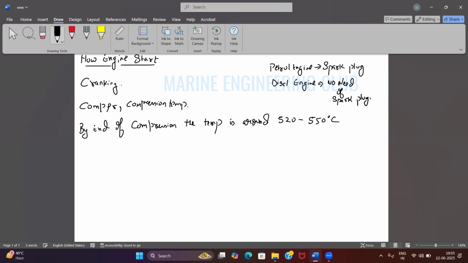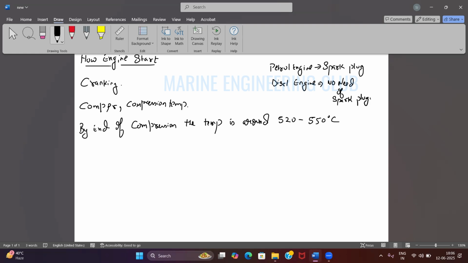What we have discussed till now is how your engine is getting started. First of all, you have to give initial inertia to your pistons. For that, you have starting air motors, like in your generators and diesel engines. In your main engine, you are starting it with starting air, admitting it directly. Similarly, in your cars also, they have motors.